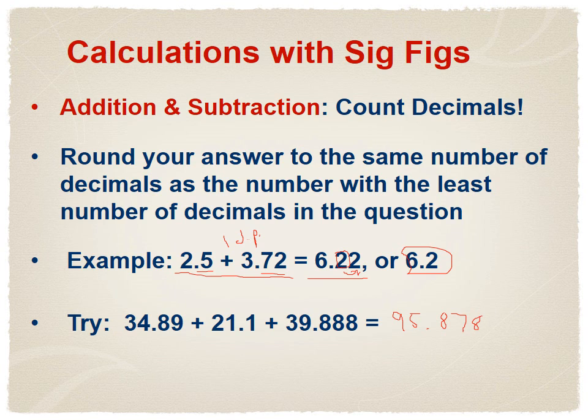Now let's see which one has the fewest number of decimal places. This has 2, this has 1, this has 3. So we're going to round to one decimal place because this is the fewest number of decimal places. So we want the tenths. Let's look next door, higher than 5. So we get 95.9.